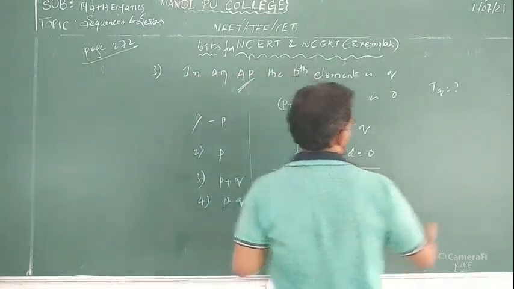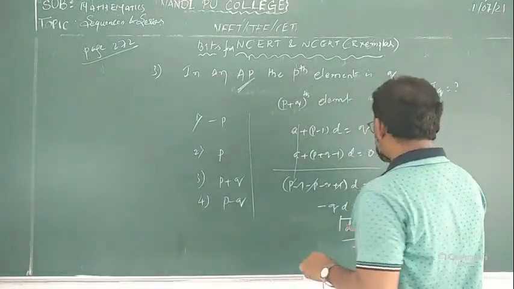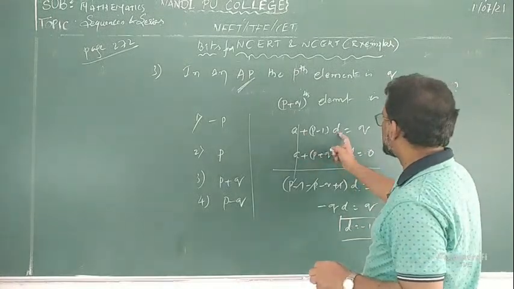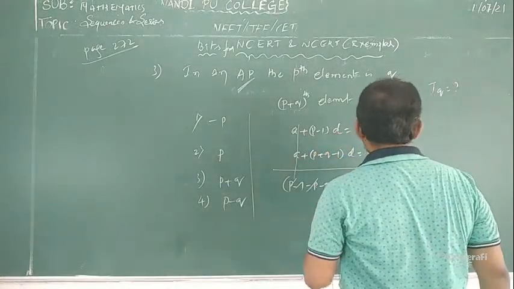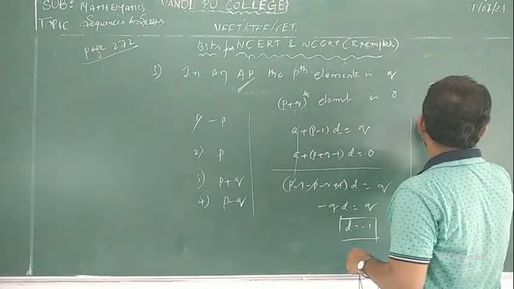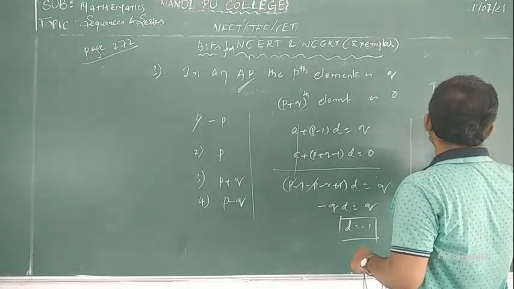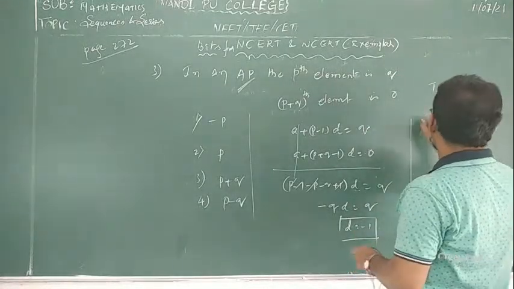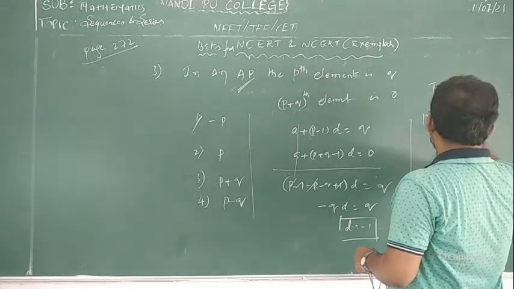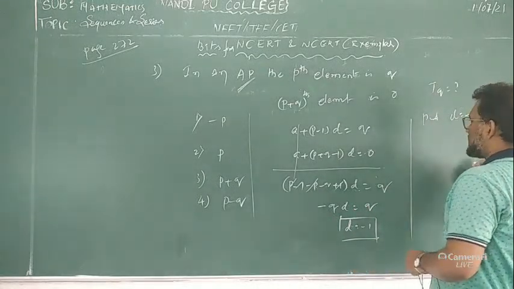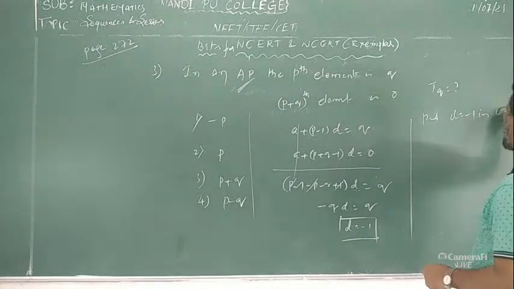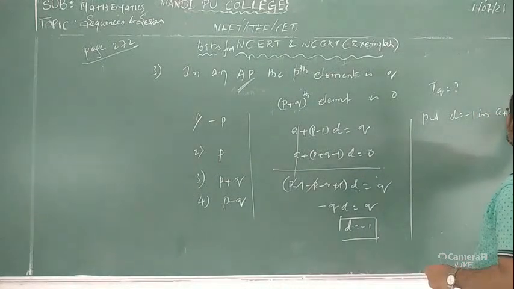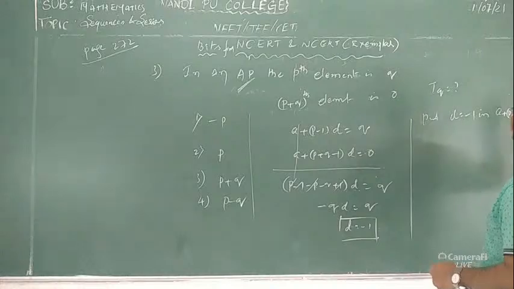So, we want the qth element. If you substitute d is equal to minus 1, then we will get a value also. Therefore, for the qth element, put d is equal to minus 1 in a plus p minus 1 into d is equal to q.